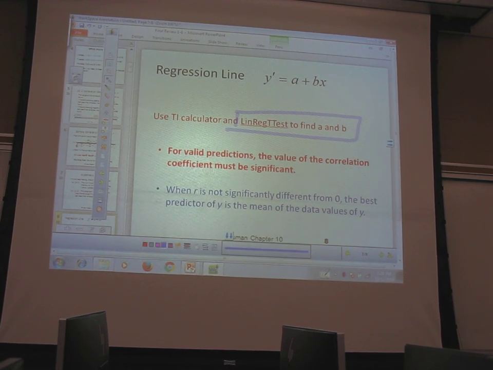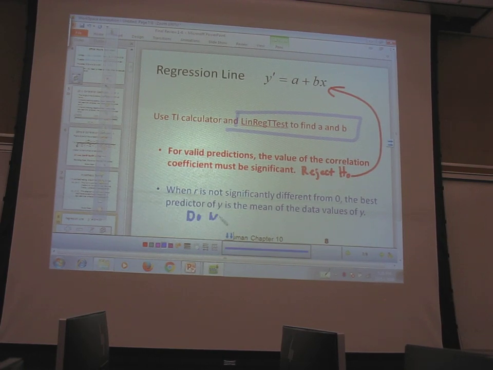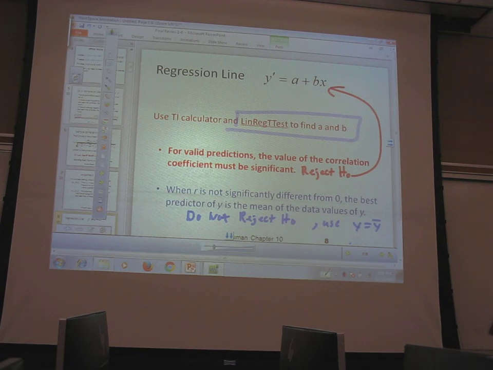So if you reject H naught, then you use the line. If you do not reject H naught, then you use y equals y bar and x equals x bar to predict.